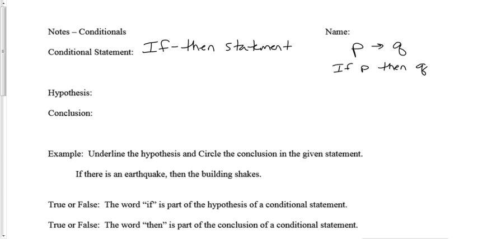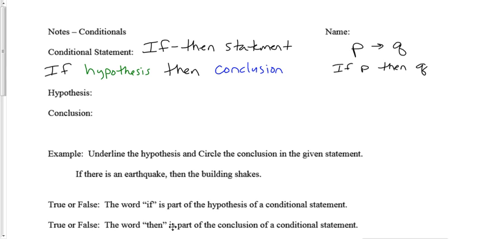The other way we can say it is we have if, then the hypothesis, which in our case would be the P. Then we have Q, and Q would be called the conclusion.